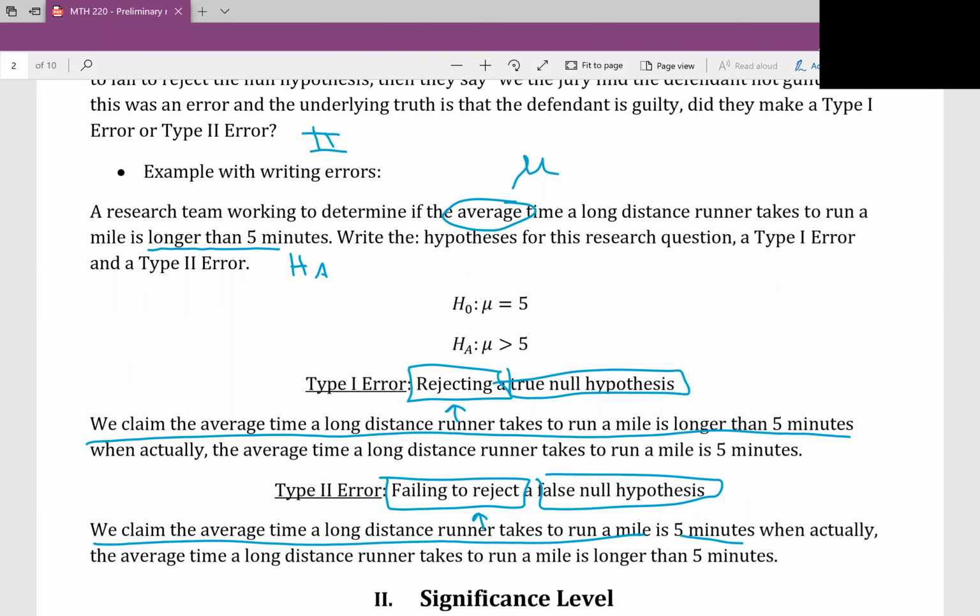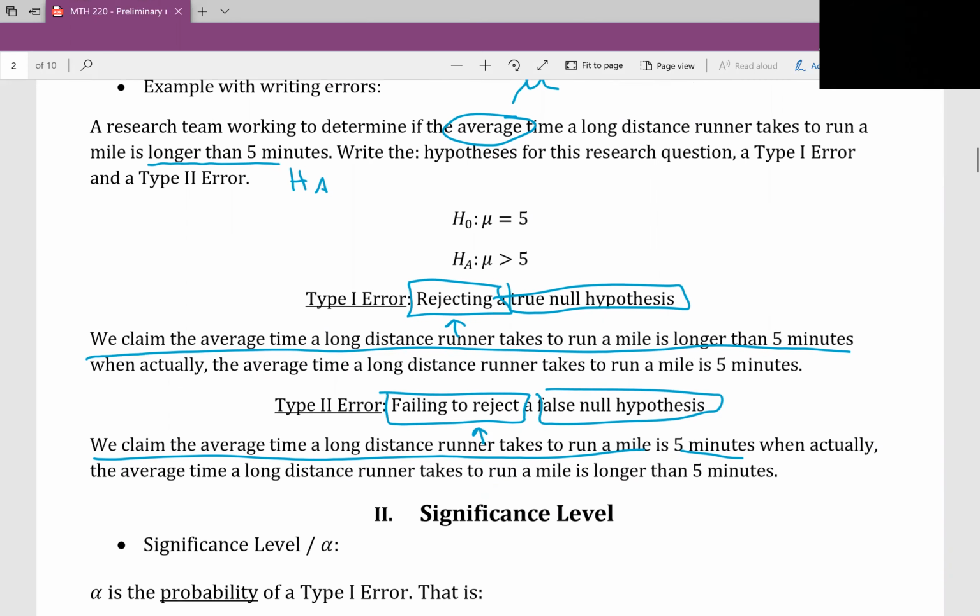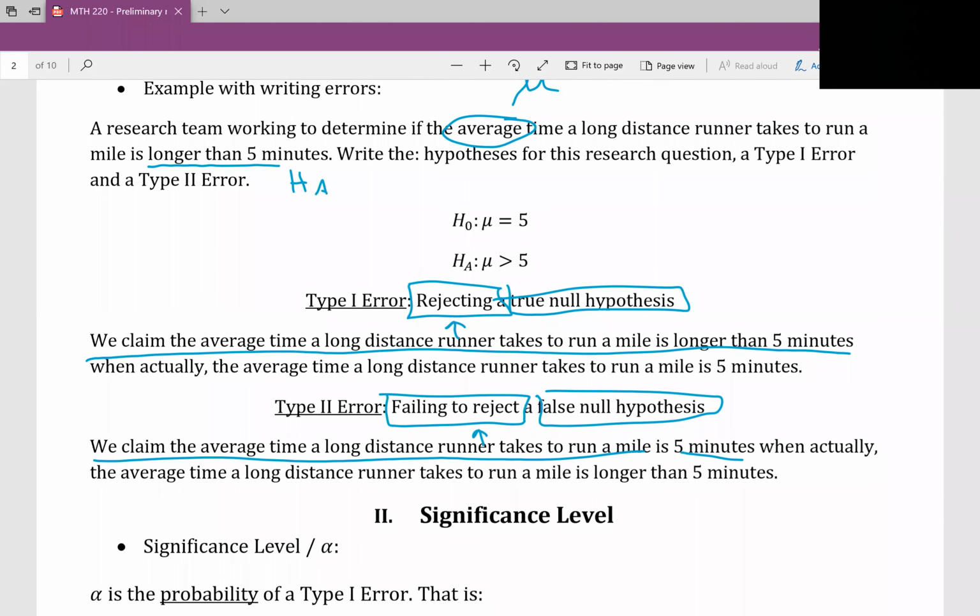Okay, so now I want to move on to significance level, because as of right now, I've just stated a significance level for you or told you to assume alpha equals 0.05 unless stated otherwise. Now's the time where we're actually going to learn, what is the significance level? The significance level, or alpha, is the probability of a type 1 error.